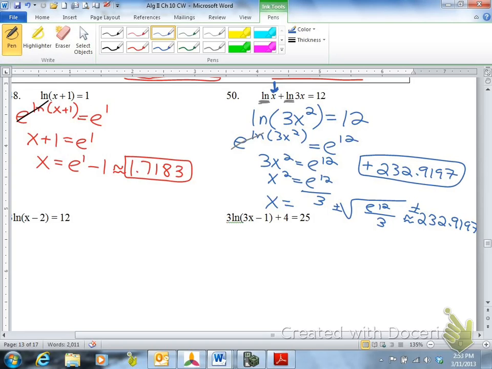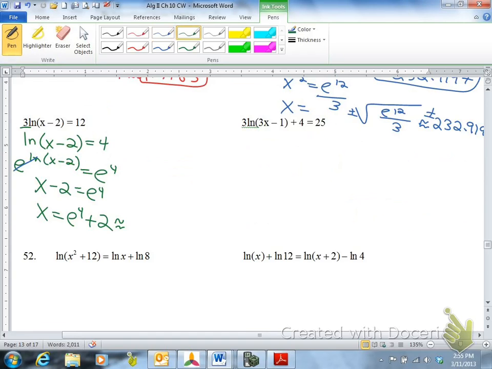So pause this video and see if you could do the next question. For the next one, we would subtract 4 from both sides and divide by 3 to isolate the ln. So subtract 4 is 21, then divide by 3. And then you would e both sides. You have e to the ln, 3x minus 1, equals e to the 7. And again, the e and the ln cancel.